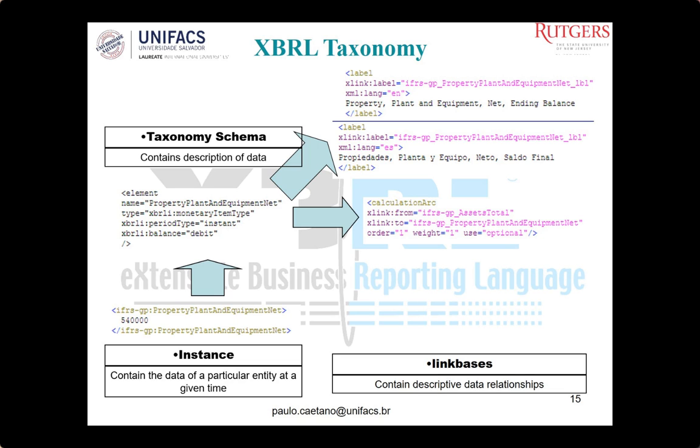Another kind of linkbase is the calculation linkbase. Calculation, as our professor said, is a kind of relationship between two elements. I can say, for example, that current assets is a part of a sum for the assets. Just for comment.